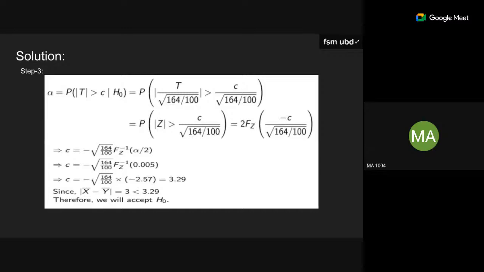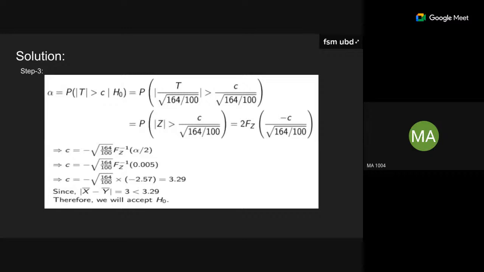See, when mod x is greater than c, if I have to remove the mod, how can I remove it? When will mod x be greater than c? Either my x should be greater than c, or my x should be less than minus c. If my x is less than minus c, the modulus will make it greater than c. For example, when will mod x be greater than 10?